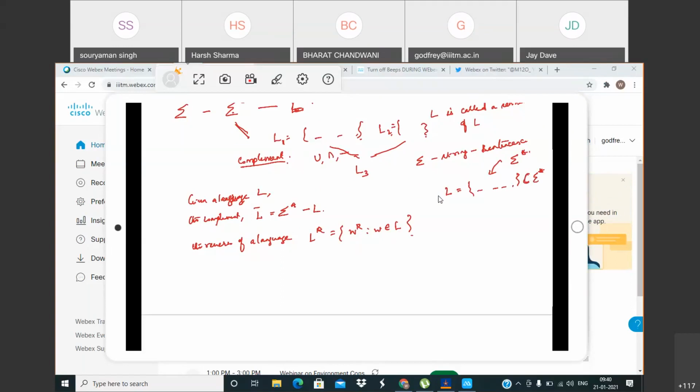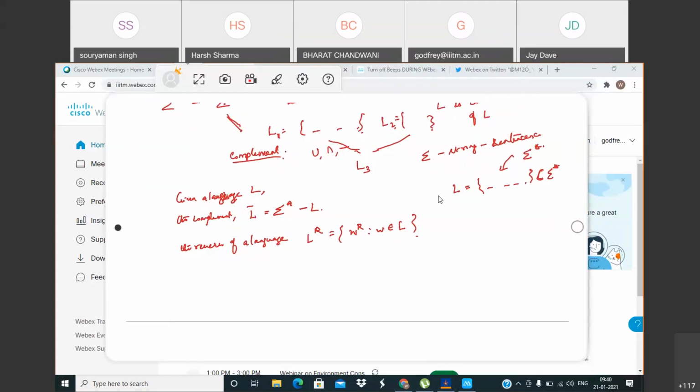Since we have this as the language, we will be able to reverse a language. The reverse of a language, L power R, has all the strings of the language in reverse.